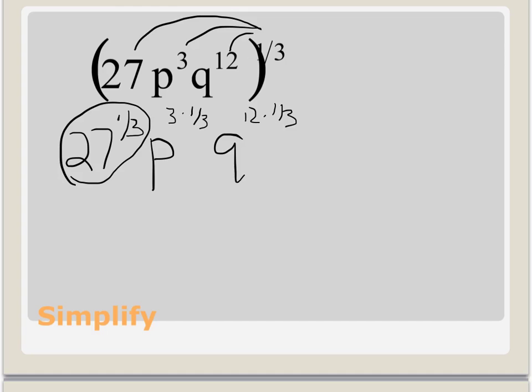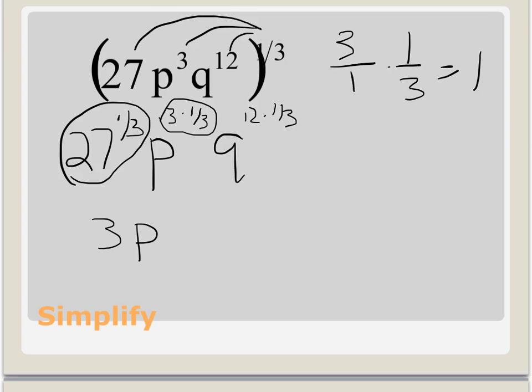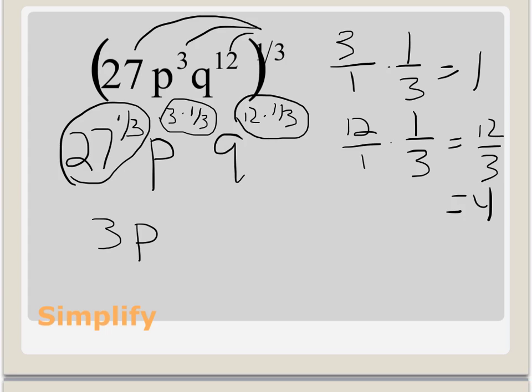This is the cube root of 27, which is 3. 3 times 1/3, 3 over 1 times 1/3, that's just 1, so we get p. 12 times 1/3, 12 over 1 times 1/3 is 12 over 3, which is 4. So we get 3pq to the 4th.